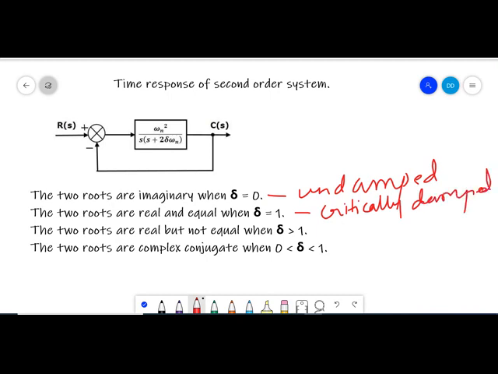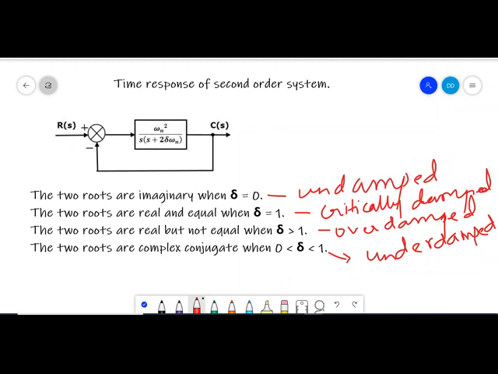If delta is greater than 1, we call it an overdamped system. And if delta lies between 0 and 1, we call it an underdamped system. So based on the value of delta, we can categorize the system as undamped, critically damped, overdamped or underdamped.